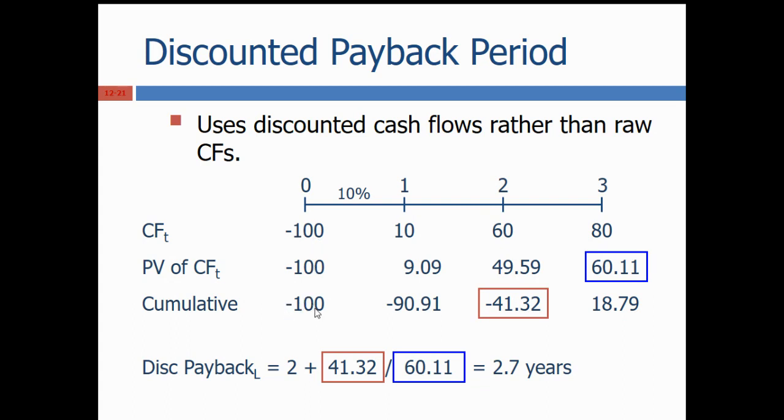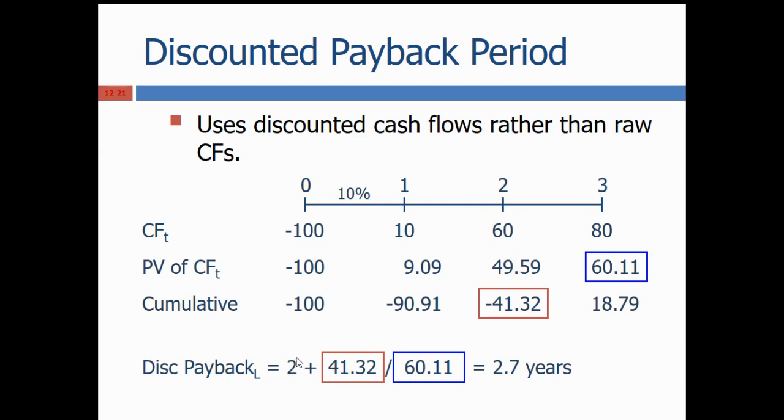Negative 100 plus 9.09, you get negative 90.91. You still have to recover negative 90.91. You do that for year 2, you have negative 41.3 left to recover, and you only recover in year 3.